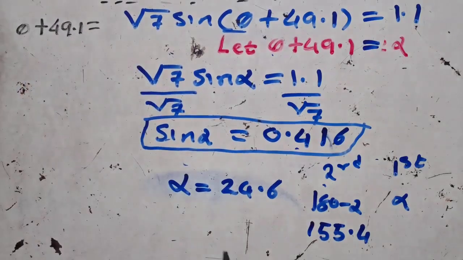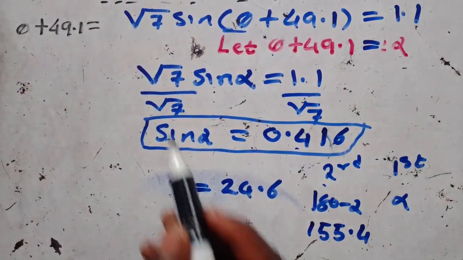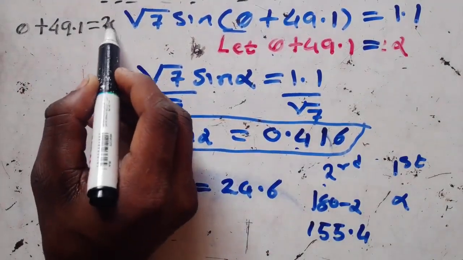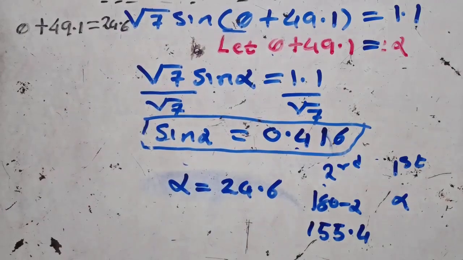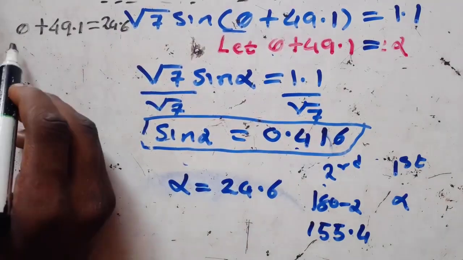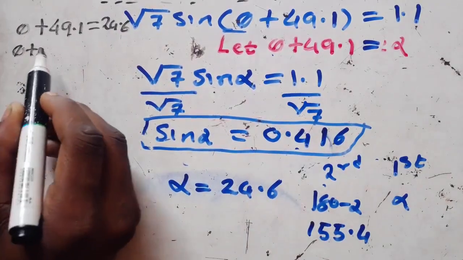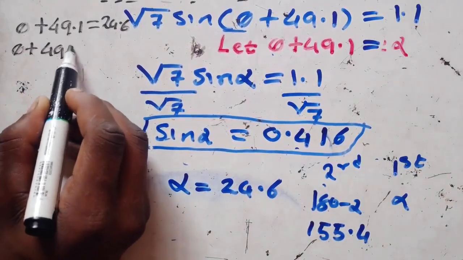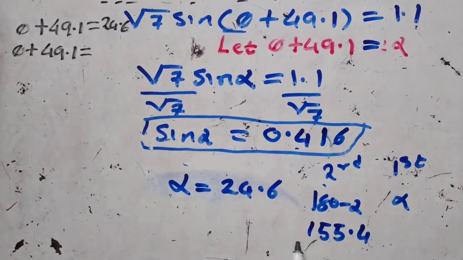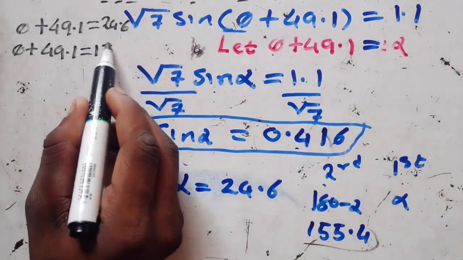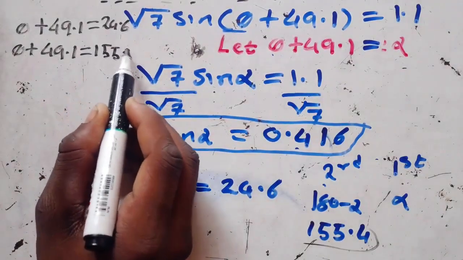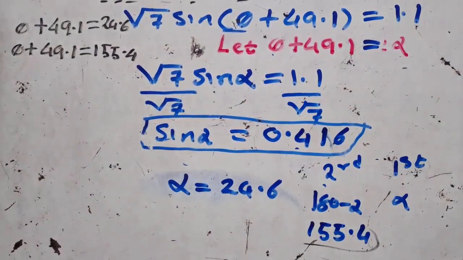You either get theta plus 49.1 equals 24.6, and you also do theta plus 49.1 equals the other one which I found, 155.4.